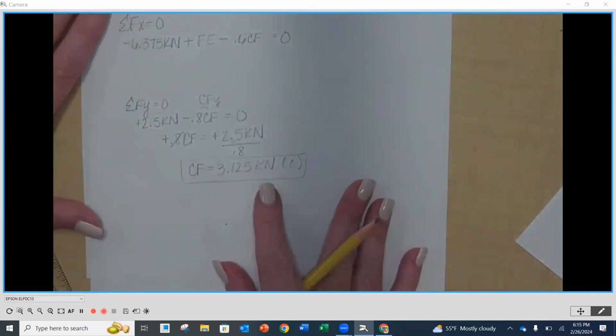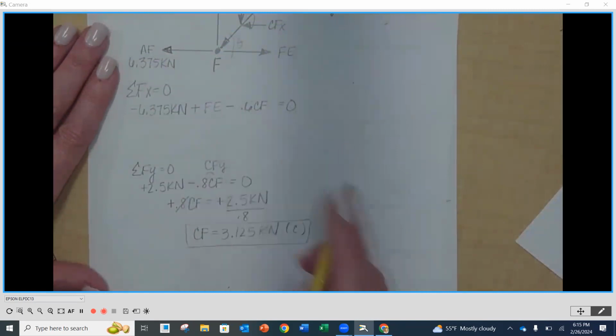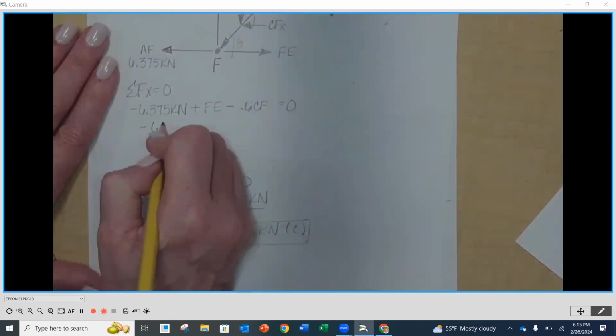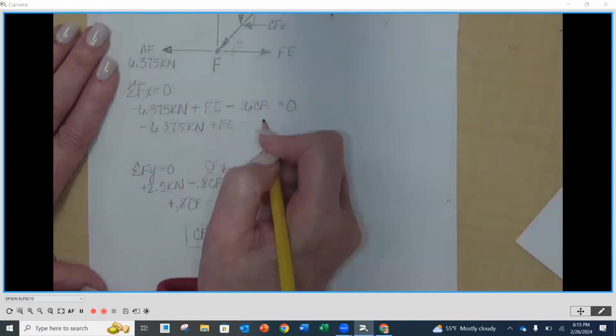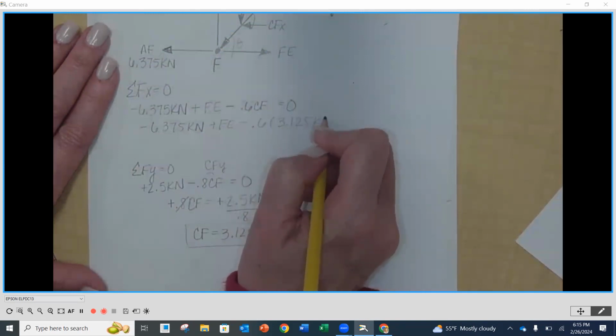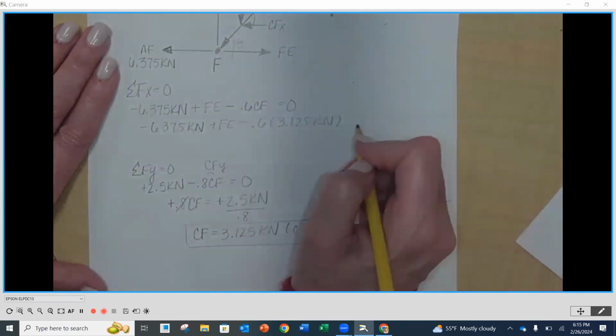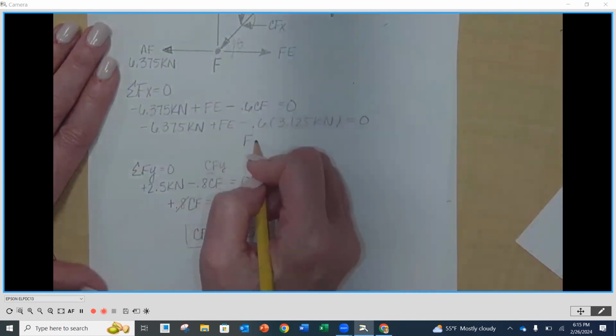Okay. Now I can use that very same thing and I can plug it in right here. So this is going to be negative 6.375 kilonewtons plus FE minus 0.6 times 3.125 kilonewtons equal to 0. Combine what you can here and FE and then move to the other side.